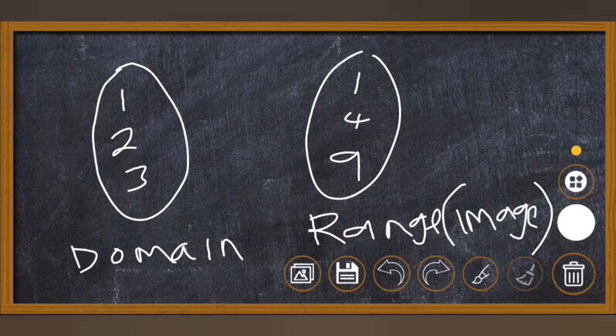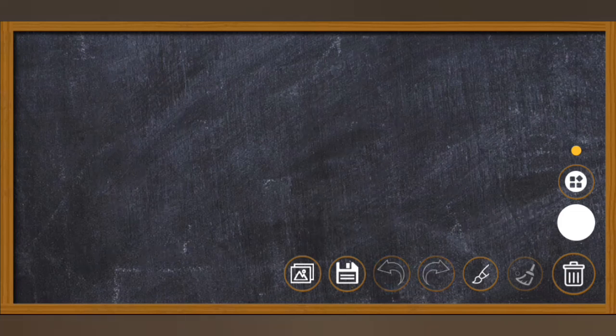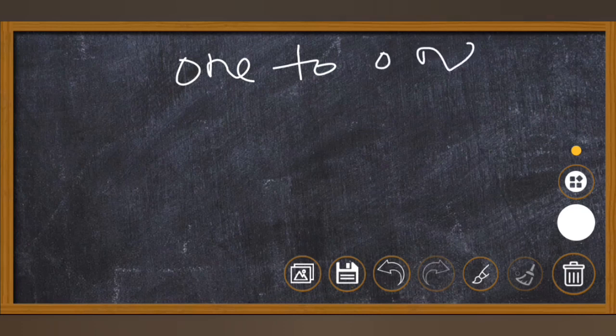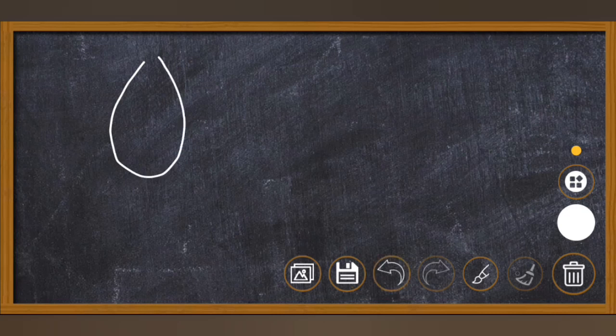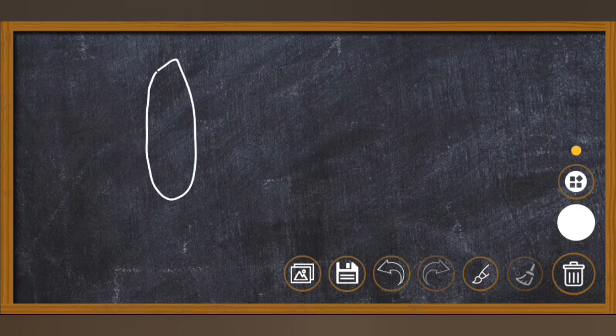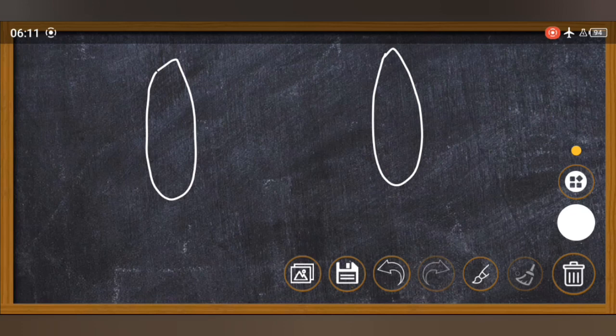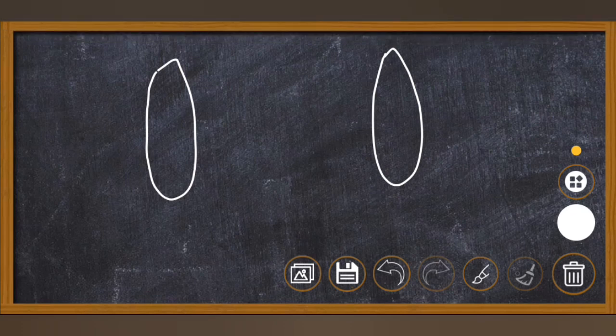Now there are 4 types of relations that we have of the functions. The first one is what we call a one-to-one function. A one-to-one function is simply a mapping of two sets according to the element. For example, we may have, let's say, this is a function and this is a set. In this set, let's say we have 1, 2, and 3.